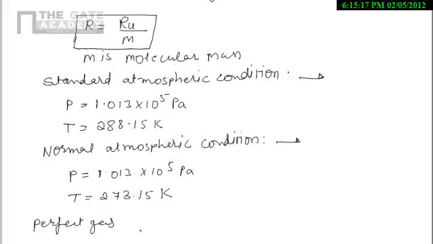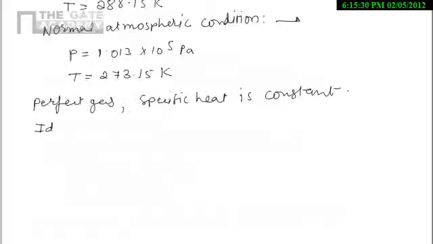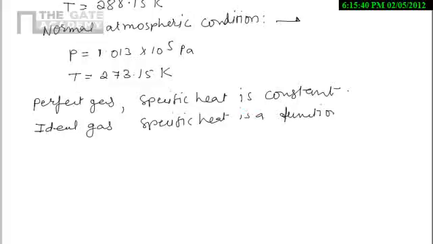So now come to the point for perfect gas, specific heat. For perfect gas, specific heat is constant. Now for ideal gas, specific heat is a function of temperature.